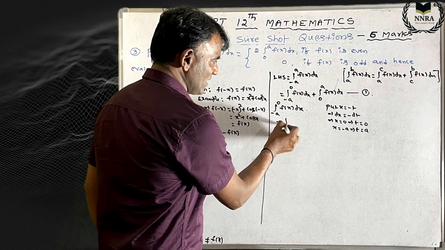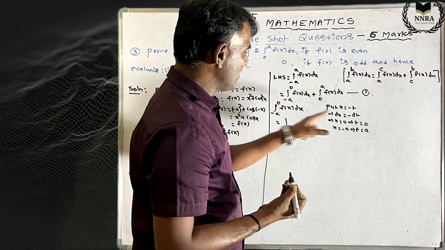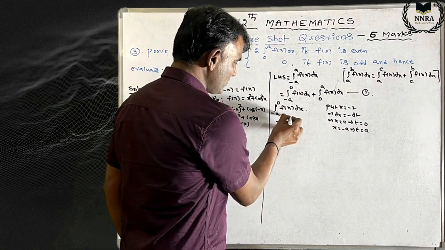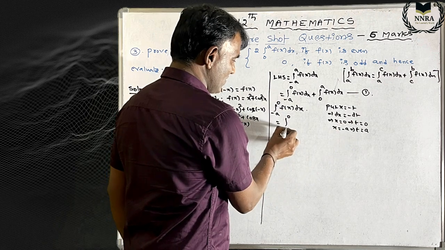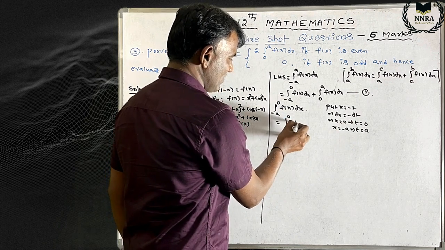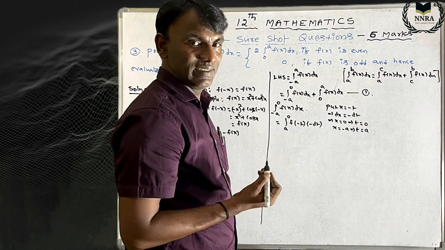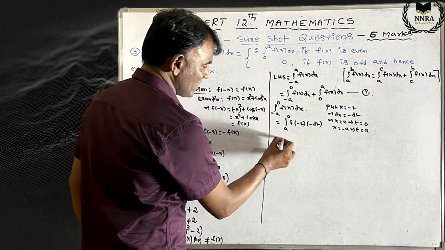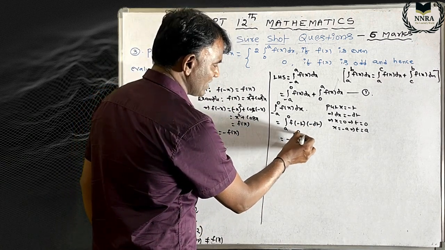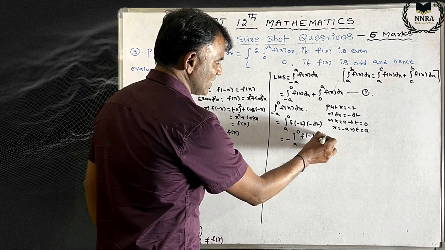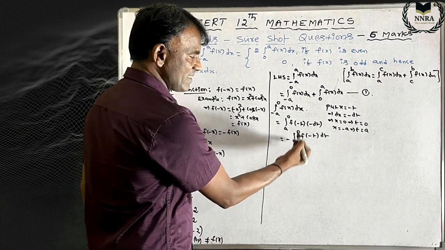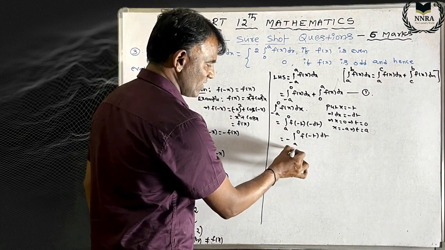So how to write it? So 0 means that is 0 only. Minus a means that is equal to a. f of x means f of minus t. dx means minus dt. Right? Now how to write this one? Minus integral a to 0 of f of minus t into dt. So minus a to 0 can be written as 0 to a.